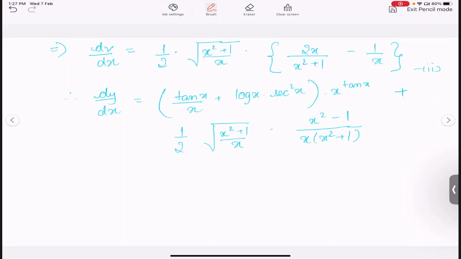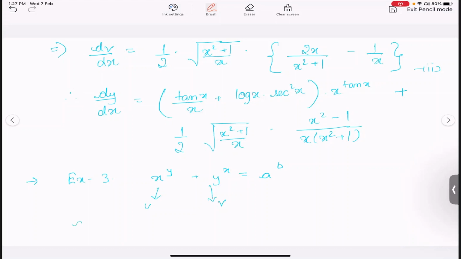So let's do another example. Let's say we have x to the power y plus y to the power x is equal to a to the power b. What we have to do, we have to find dy by dx. So first we will take this as u, this thing as v, and we will find the derivative.